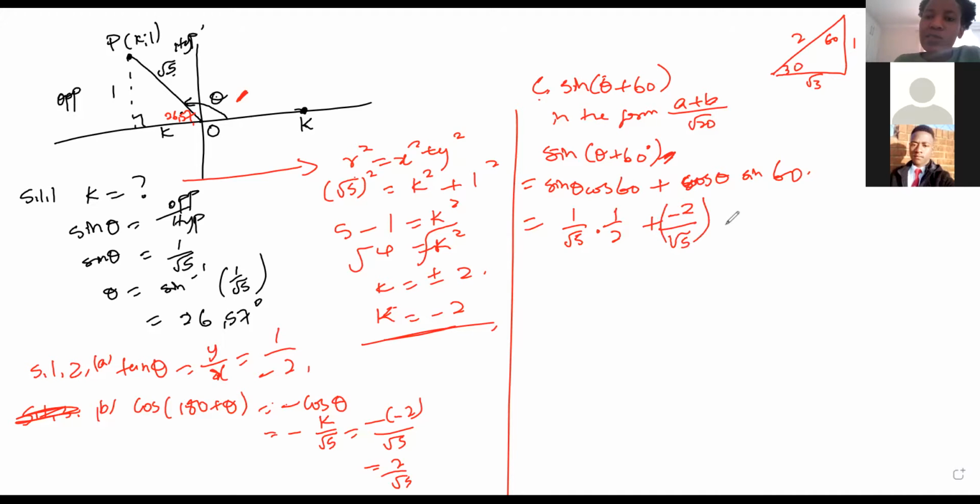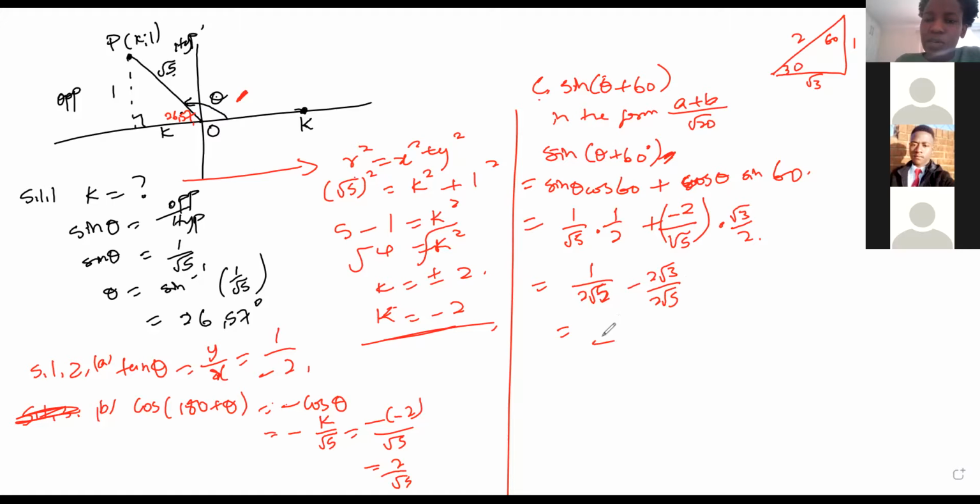Just put it in brackets, times sine 60, which is root 3 over 2. This is 1 over 2 root 5 minus 2 root 3 over 2 root 5. So then we have a common denominator of 2 root 5, 1 minus 2 root 3.